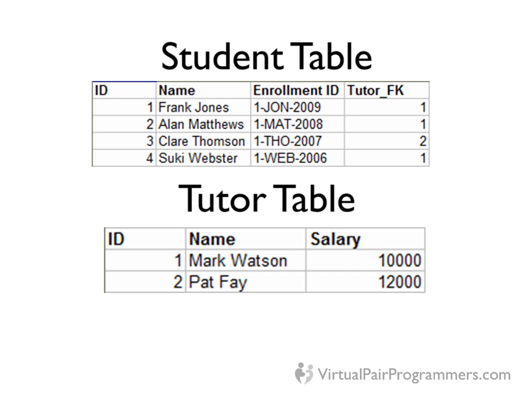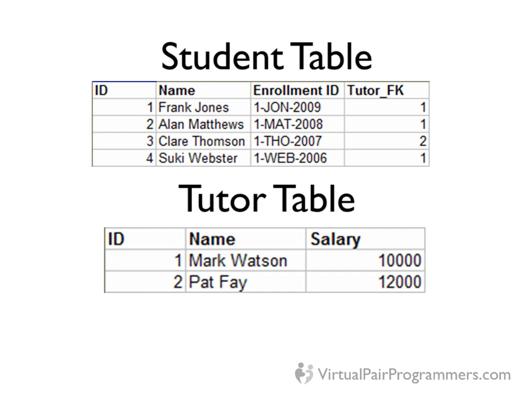And it means that the number in this column is referring to an ID in another table, a so-called foreign table. And of course, that foreign table is the tutor table. So we know now, just by looking at this table, that the student of ID 1 is called Frank Jones and is supervised by the tutor of ID 1, which is Mark Watson.